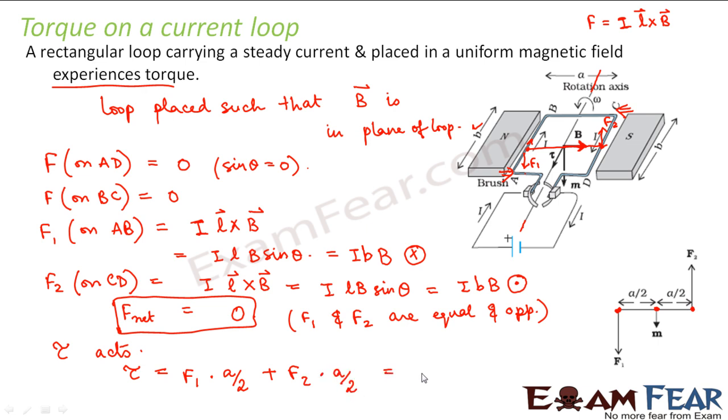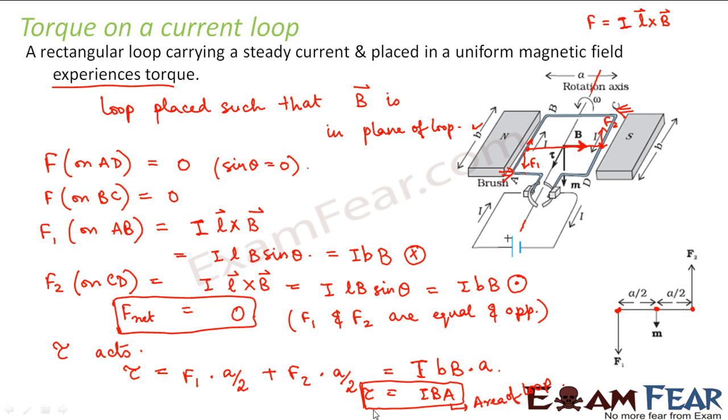So this will be equal to, since F1 is equal to F2 is equal to I b B, this into a. Now what is a into b? a into b is nothing but the area A of the loop. So this is the net torque which will act on this loop when it is present in an external magnetic field. I hope you understood how this external torque will act on a loop.